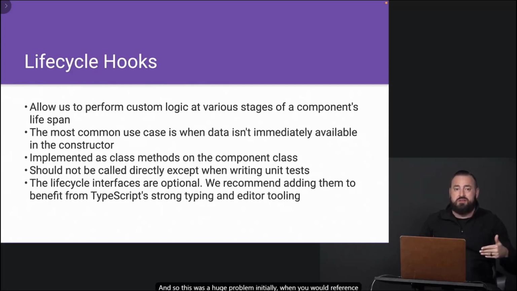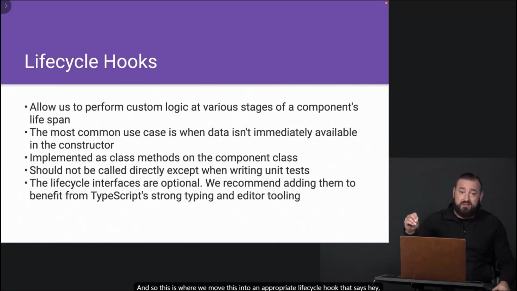This was a huge problem initially when you would reference some form of data in the constructor and it wasn't there yet, it didn't exist. And so this is where we move this into an appropriate lifecycle hook that says, hey, everything has been initialized, now you can use this data.